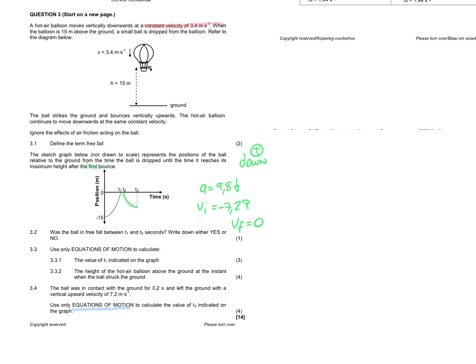So they want the value of T3, which is the maximum height after the bounce. And they tell you on here, I think, until it reaches its maximum height after the first bounce. So T3 is the maximum height after the first bounce, and at the maximum height, the velocity is always 0.